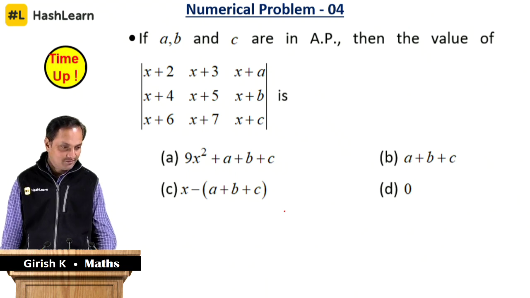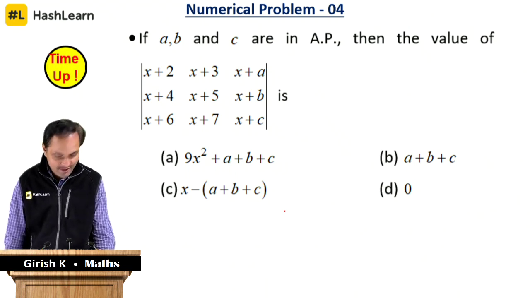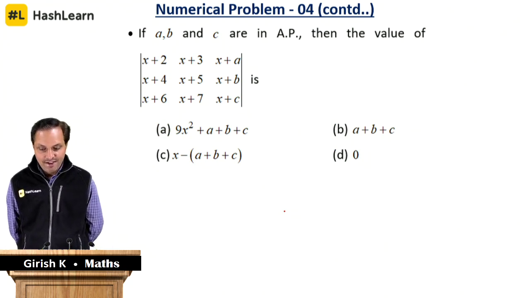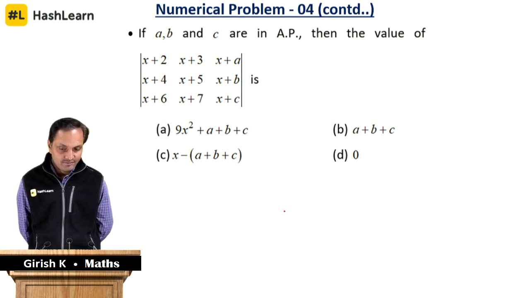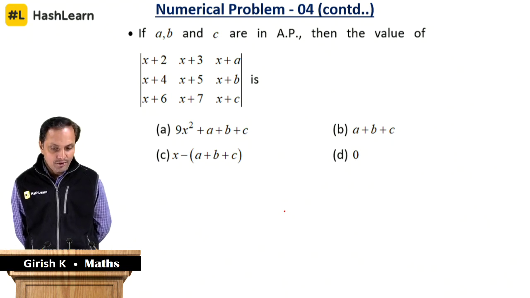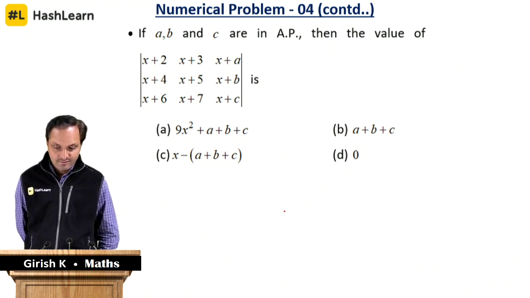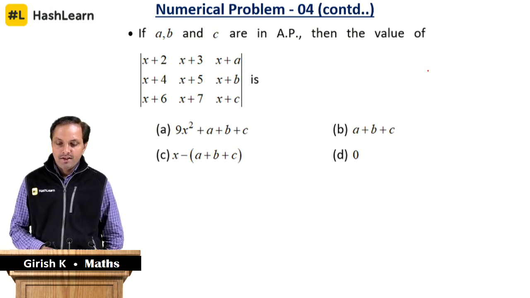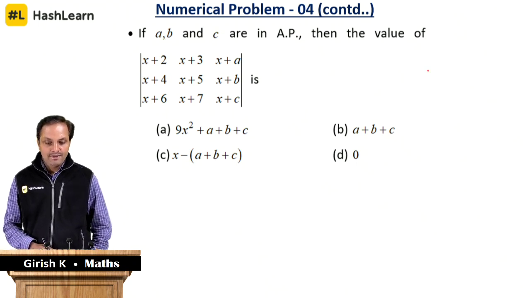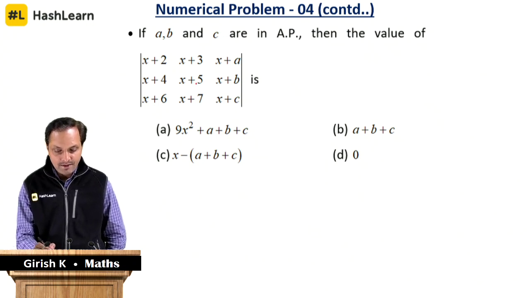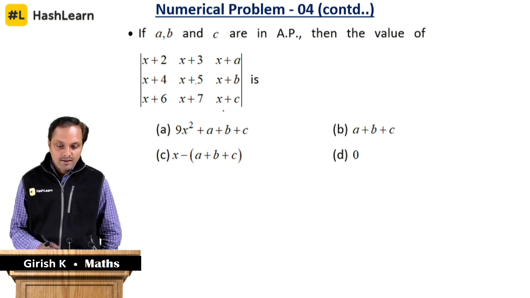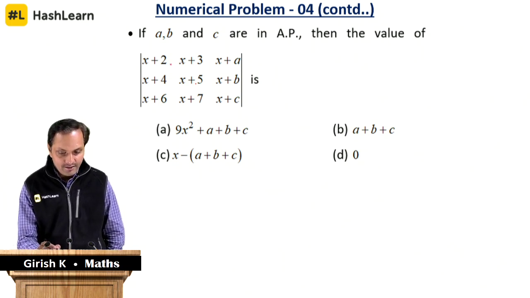Okay. Fine then. So how to go ahead with this? See, you know that A, B, C are in arithmetic progression. Then the value of the determinant with rows x plus 2, x plus 3, x plus A; x plus 4, x plus 5, x plus B; x plus 6, x plus 7, x plus C. Here you can follow the pattern.